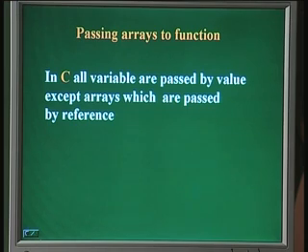Now this is an important thing to remember: in C all variables are passed by value, except arrays. Arrays are passed by reference. What that means is, when you pass a variable to a function, the function makes a copy of that variable and works with the copy, because we pass only the value of that variable.